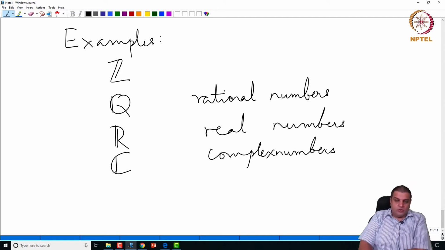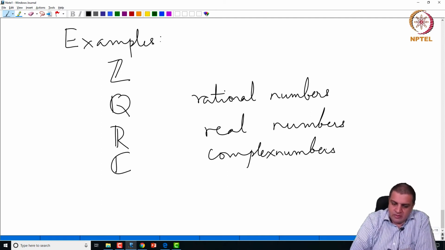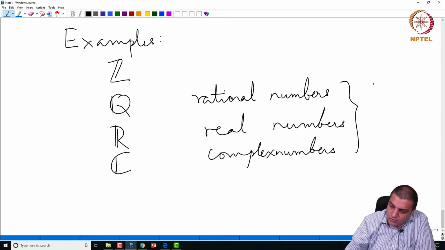These are also commutative rings, with the usual addition and multiplication operation. And in addition to being rings, these are also fields.